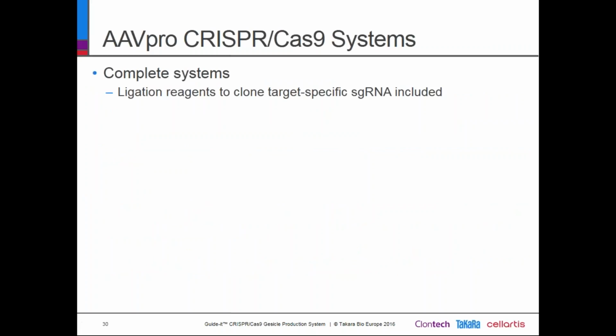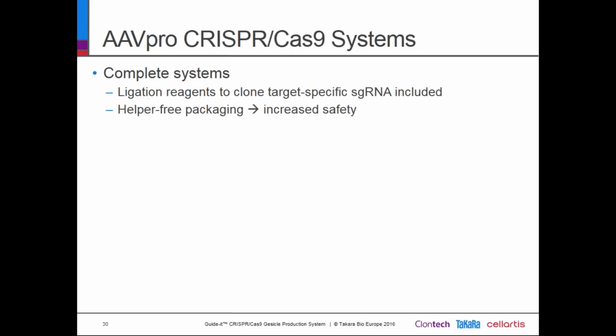Before going into more detail with each of these systems, I have some general remarks about our AAV Pro systems. First of all, these systems are complete systems. They also contain the ligation reagents to clone your guide RNA into the provided vectors. And our CRISPR-Cas systems also contain the packaging vectors.